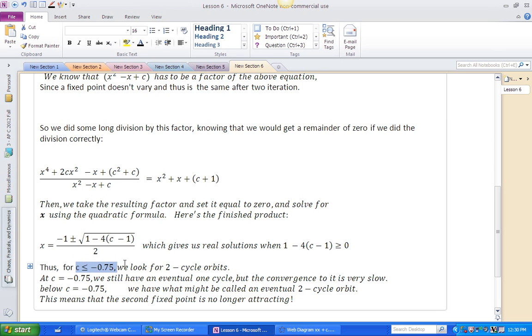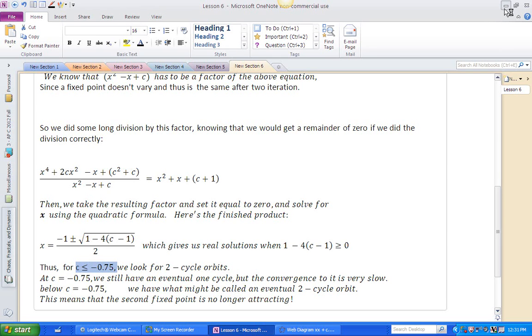At the point where c equals negative 0.75, we get x equals negative 1/2. We only get one answer there, so that's what it's homing in on. It's an eventual 1 cycle there with very slow convergence. Below negative 0.75, we have an eventual 2 cycle orbit, which means the second fixed point is no longer attracting, because now we're being attracted to those 2 cycle numbers.